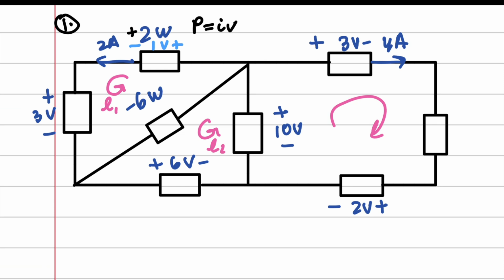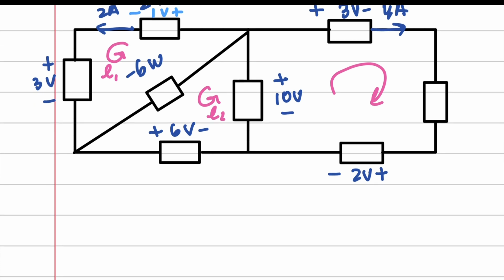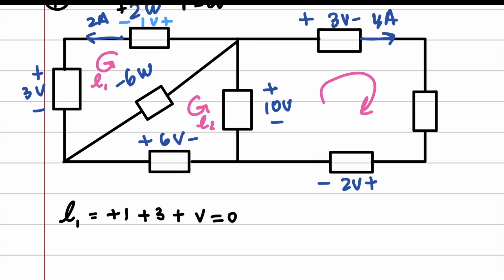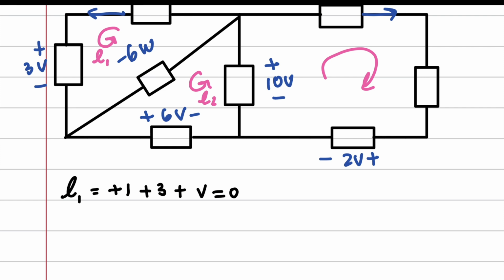I arbitrarily assigned a loop direction, and loop 1 is counterclockwise. So loop 1 is going to be equal to plus 1 plus 3 plus V equals 0, and we get V equals -4.